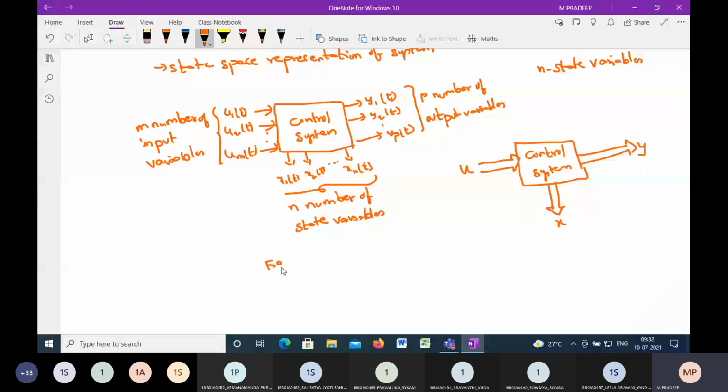This figure is the state space representation of your system.